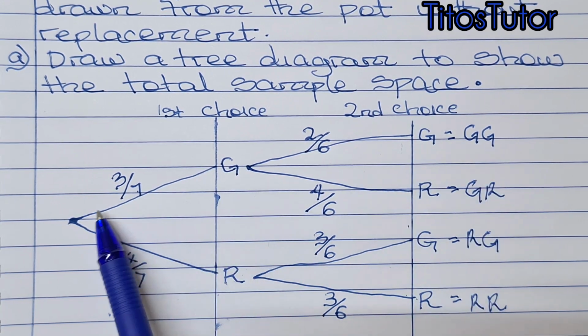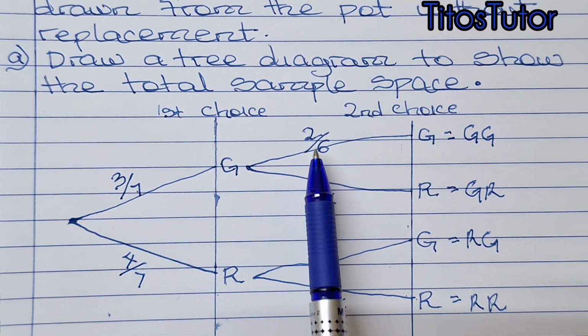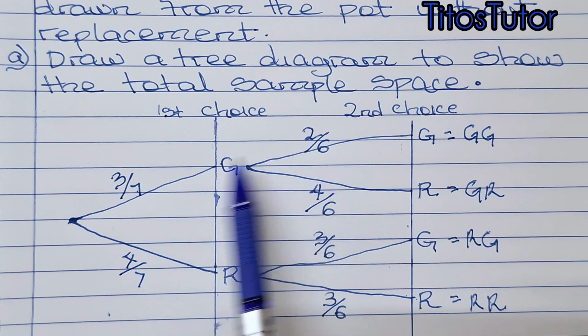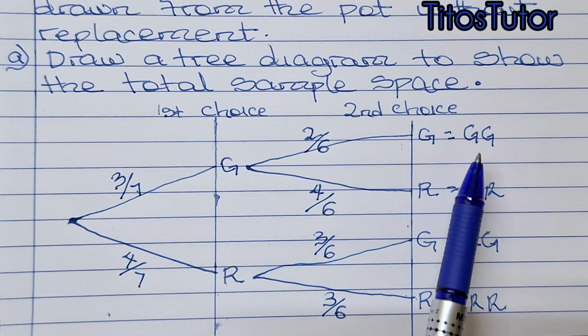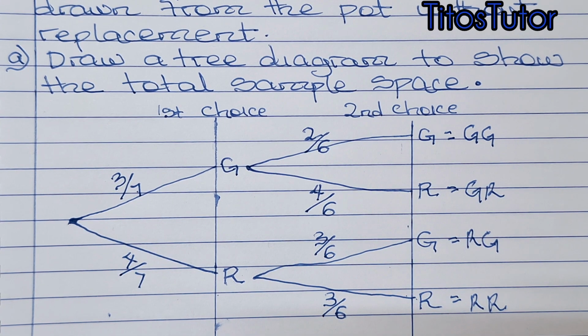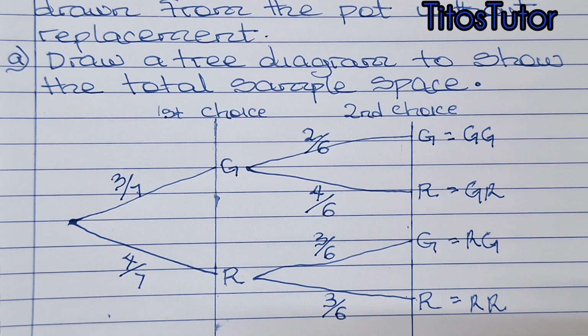I choose the first one, 3/7, and the second one, 2/6. All I need to do is multiply these two probabilities together and I get the probability of getting green and green. So this tree diagram can be used to answer complex probability questions.